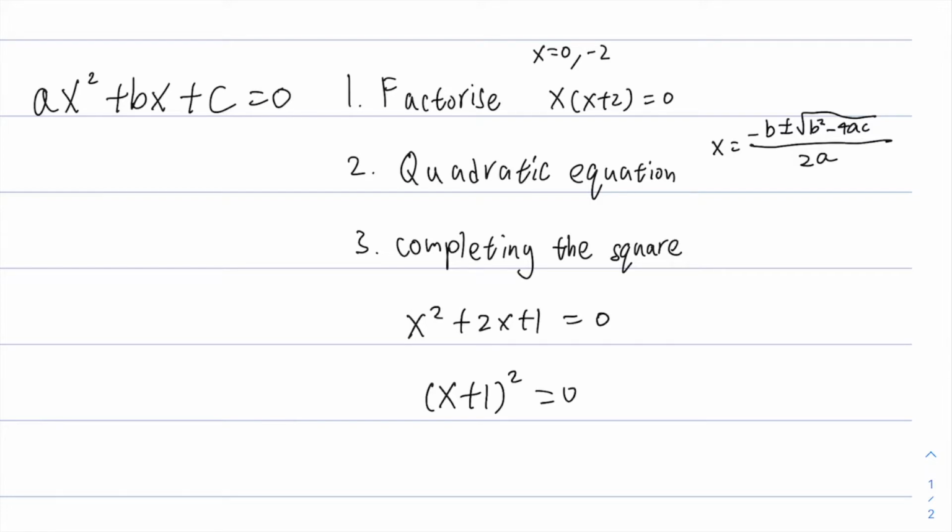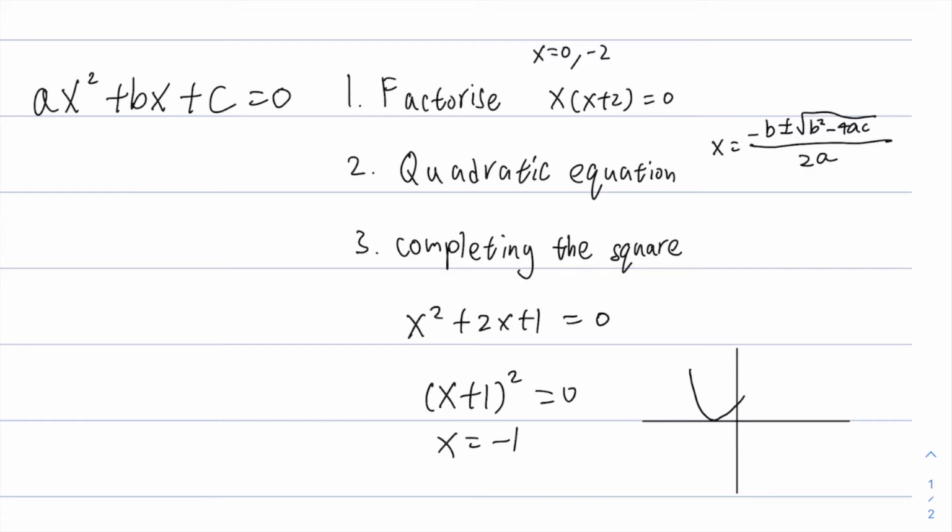So when x is equal to -1, the y value at this point will be 0, which is the intersection on the x coordinate, which should look like this here.